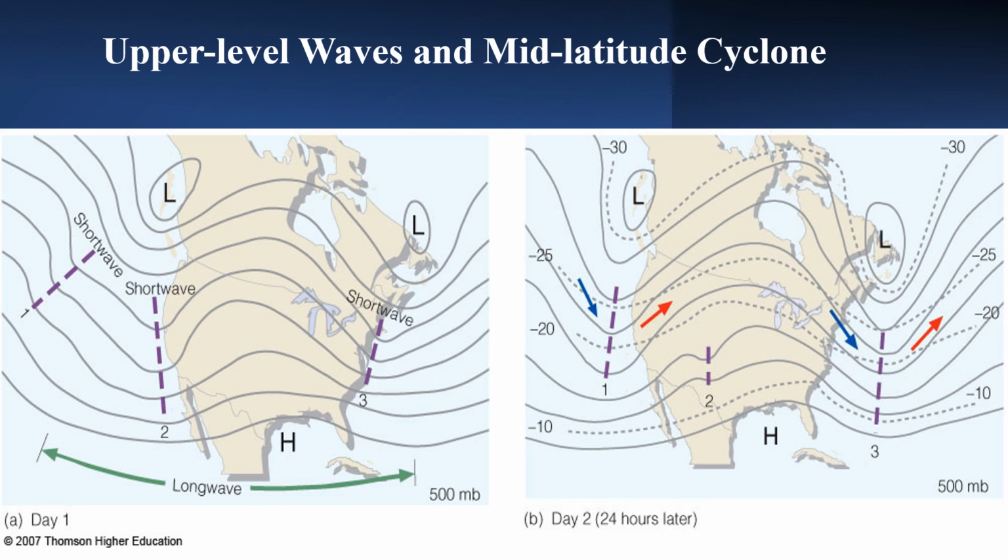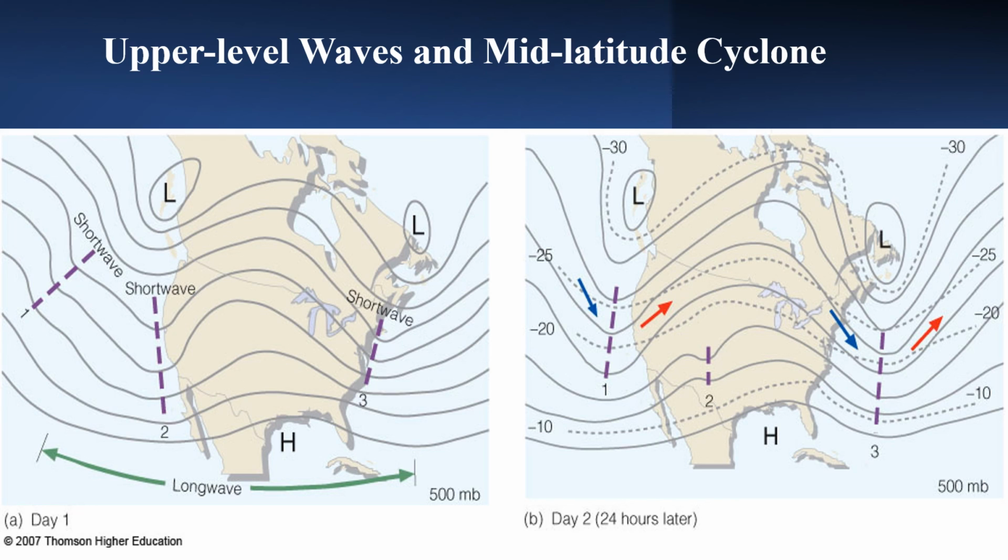Below the baroclinic zone lies the polar front, and above it flows the polar front jet stream. This disturbed flow created by the short wave is now capable of helping the development or intensification of a surface mid-latitude cyclonic storm.